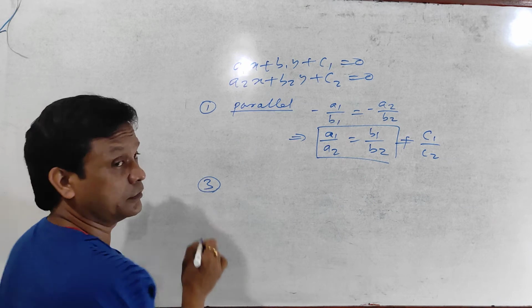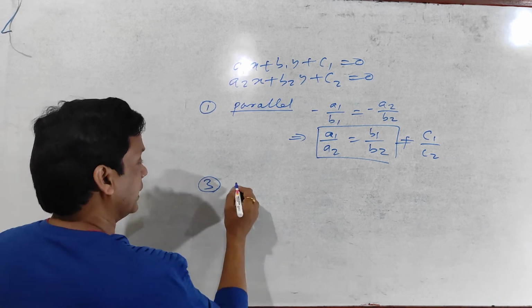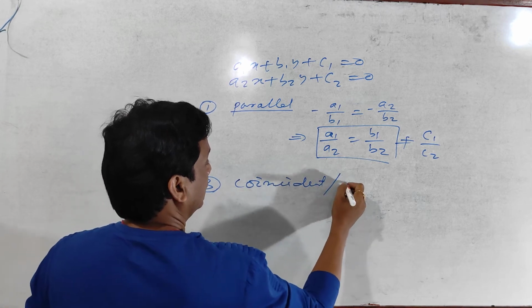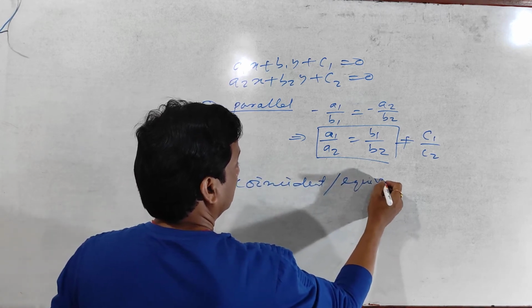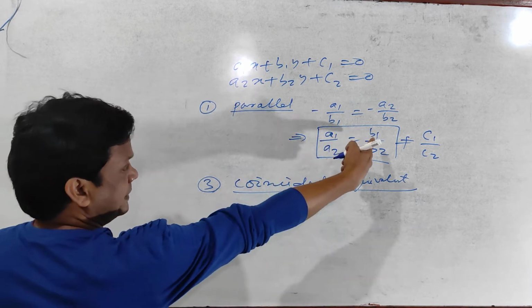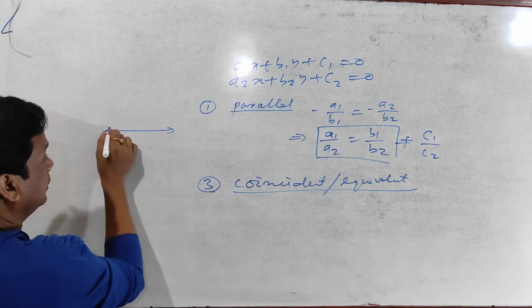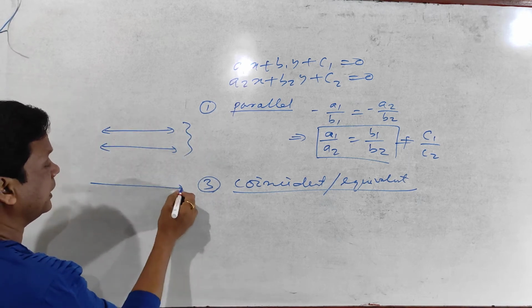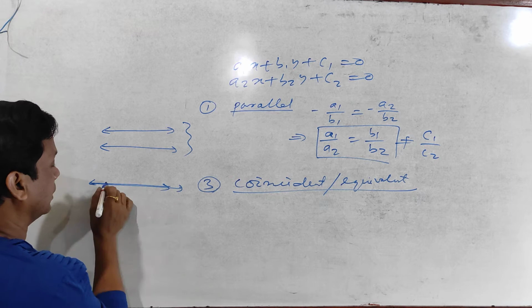Okay. And the third case is coincident or equivalent. That means, see here, the first case I have written is parallel, where the two lines are said to be parallel. And coincident means one line will coincide with the other line.